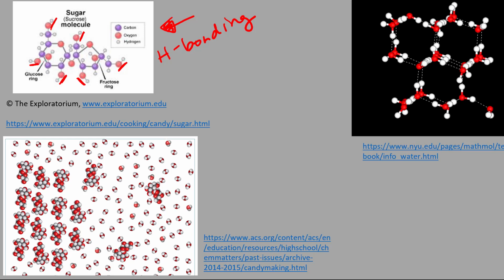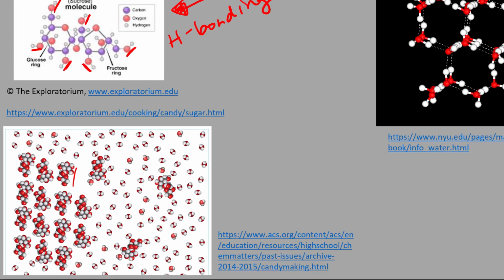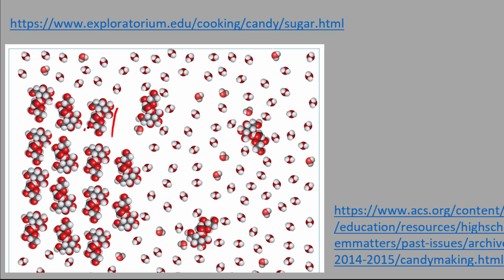And so you can see here how they would be attracted to each other from one OH to another OH. And so there would be attraction between, like, this oxygen here and that hydrogen there. And so it would happen all over the place, where an oxygen was attracted to a hydrogen on the neighboring thing, and they would just stack on top of each other and form these crystalline structures. And that's what it's made from.